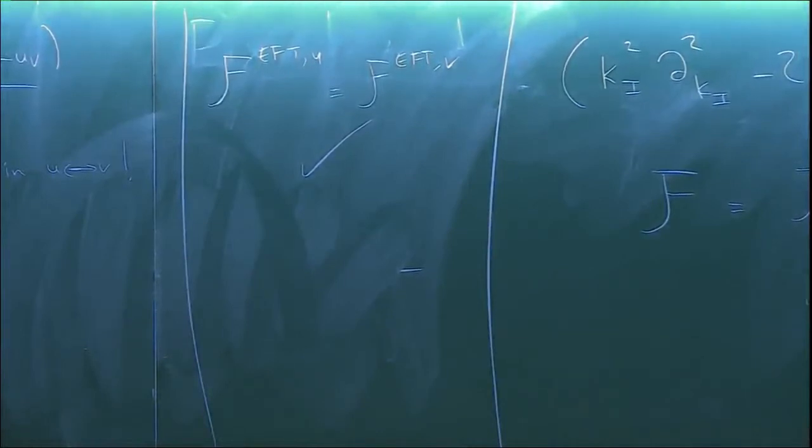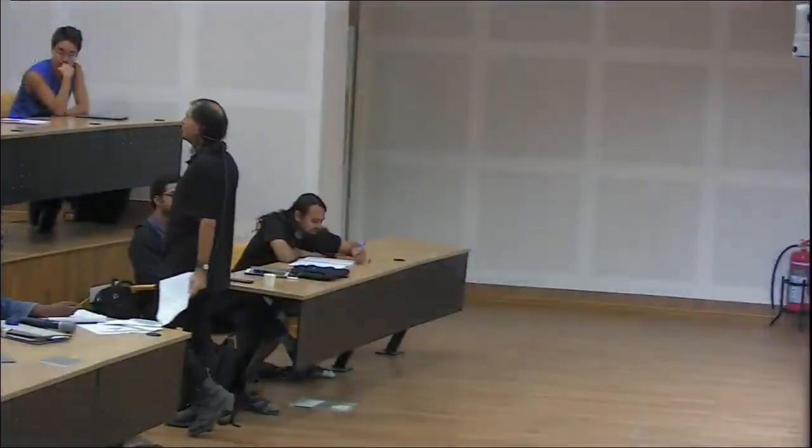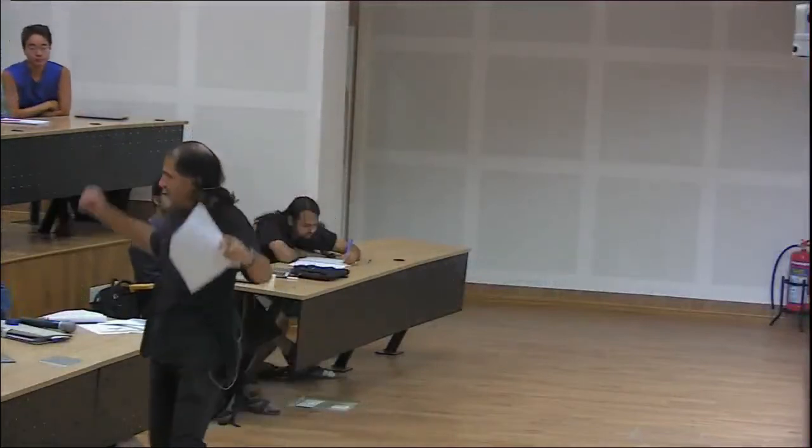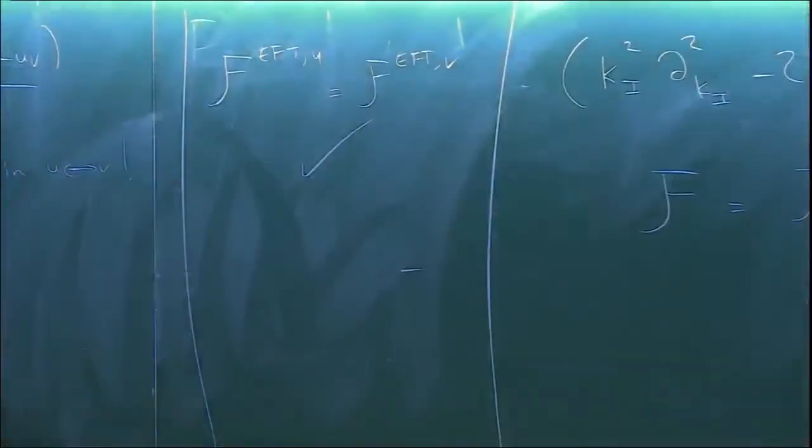However, this can't be the full solution. The physics of why is exactly what we discussed qualitatively in the first lecture. There's particle production. We should be seeing these oscillatory pieces. This is perfectly analytic as U and V go to 0. That's exactly as we said in the first lecture: in the effective field theory approximation, you don't see particle production.